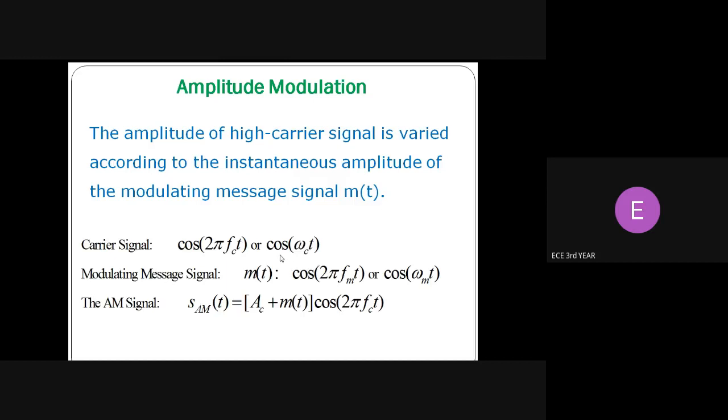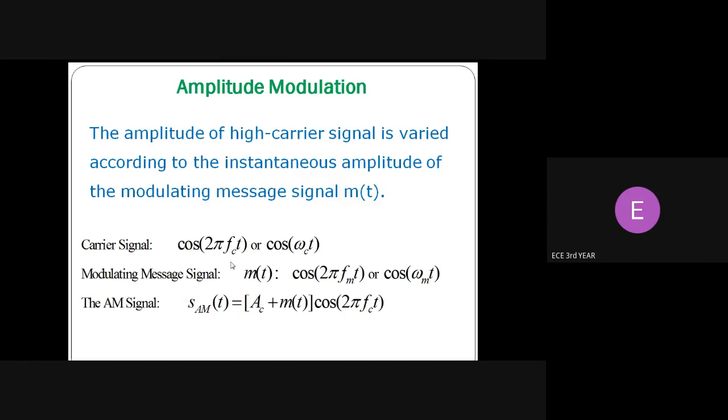Fine. How are we going to represent the message signal? The message signal m(t) is the same as cos 2 pi fmt, where fm is the message frequency, or we can represent it with the angular frequency as cos omega mt. This is the message signal and this is the carrier signal.